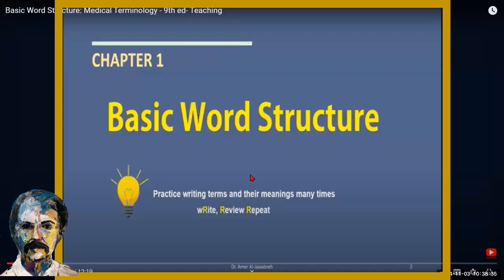Study the same thing 2-3 times a day and repeat it, because medical terminology depends on memorization. Yes, you have to understand the term, but you have to memorize it so that when you are in the 5th year or the 4th year or in the hospital or in your pharmacy, things come to you very quickly. You are still young and you can memorize. This is a language, it needs memorizing.